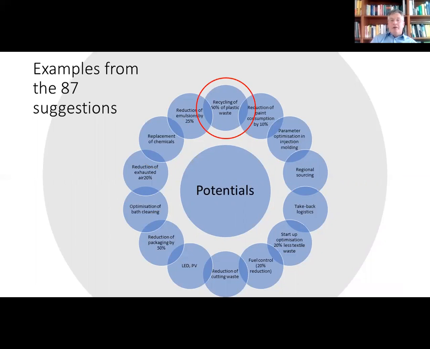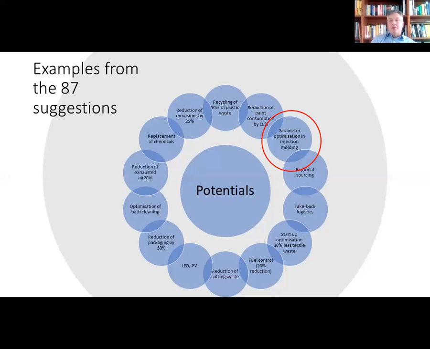In one company, there is a potential to recycle 50% of plastic waste by collecting it separately, clearly labeling it, and reusing it when similar material is in demand. In another company, paint consumption could be reduced by 10% by improving cleaning practices. In an injection molding company, machines could be optimized.